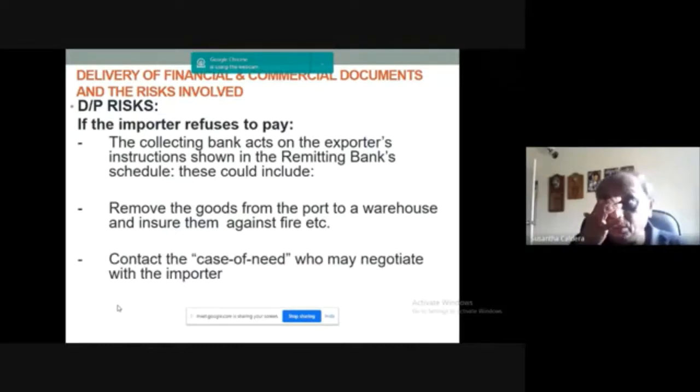Contact the case of need who may negotiate with the importer. That's a possible thing. In the collection order form, you get a case of need: in case there's a problem, please contact so and so. So we can contact the case of need and tell them this is the issue, the importer is refusing to pay.